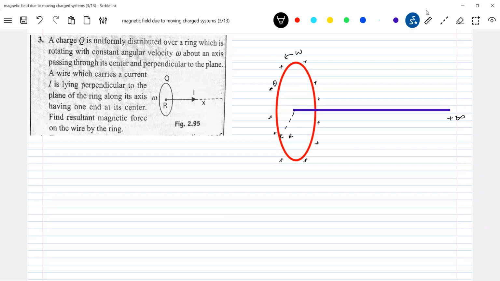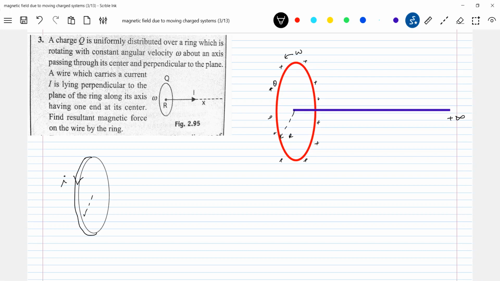So what about the rotating charged ring? Will it produce any field? Yes, it will. So what is the current? Can I replace this with a current carrying ring? It's equivalent to a current carrying ring. What about the direction of current?